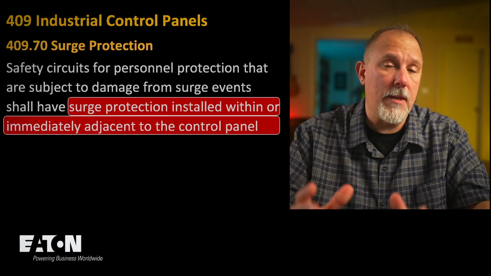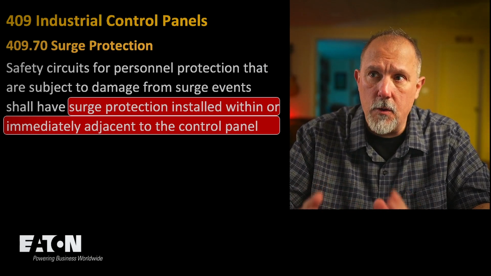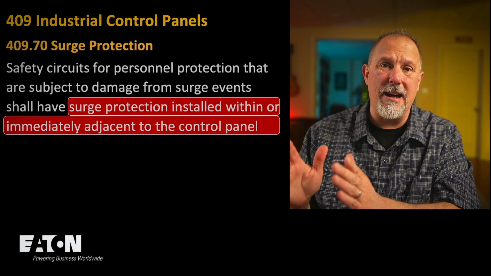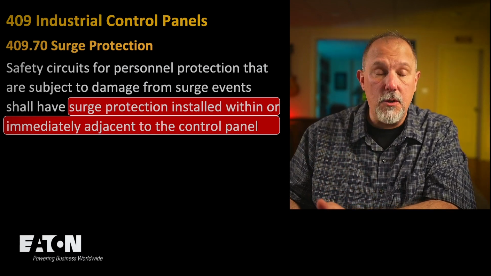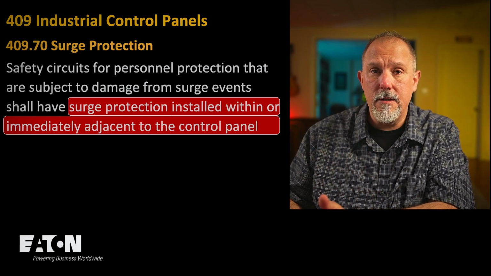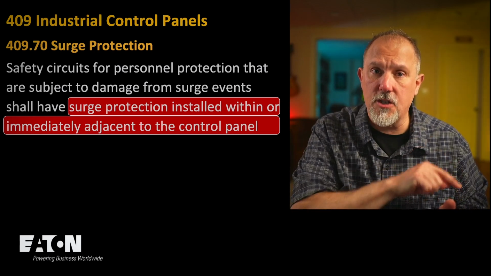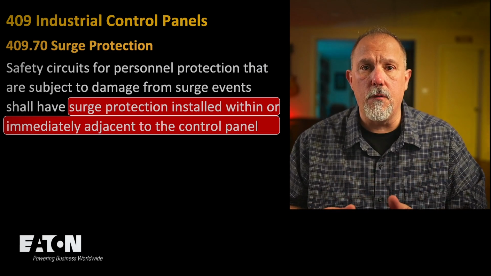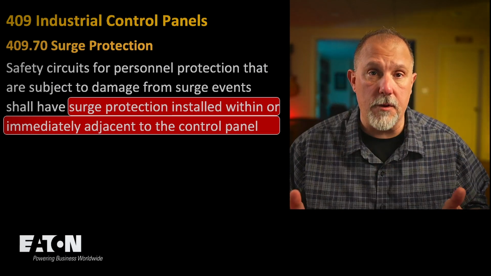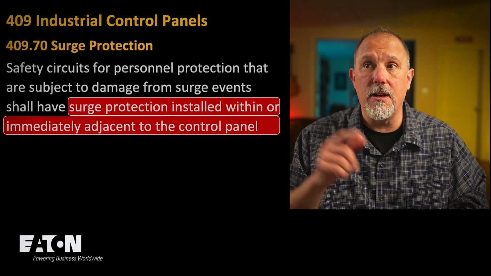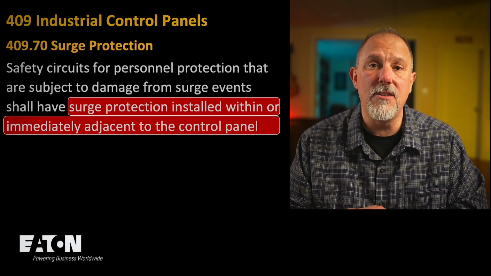But that's the requirements. So 409.70, you didn't get here unless you either have listed UL 508A equipment or you meet the definition of the defined term industrial control panel. Once you're in Article 409, in addition to everything else in 409 for that piece of equipment, you're going to have to meet the requirements of 409.70.